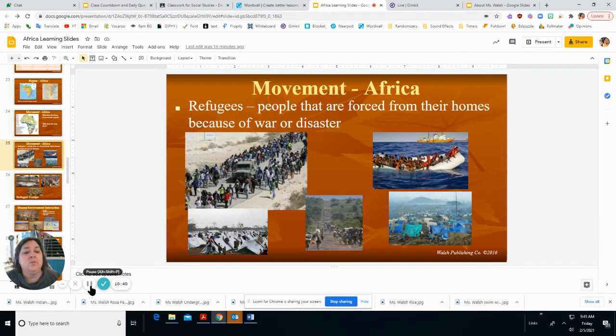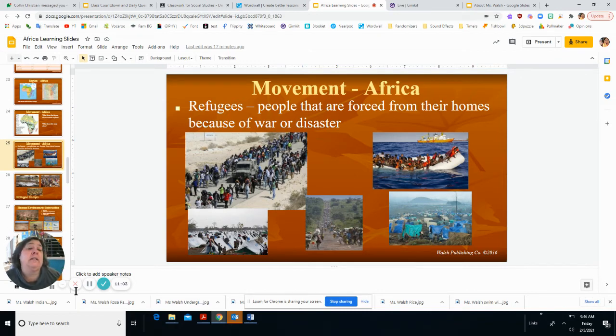And what happens is when the countries go to war or a dictator takes over, it's very difficult because people are displaced and there's soldiers that go into villages and burn down houses and things like that. And so the people are left without a home. And when people lose their home because of safety or because of war, they are called refugees.